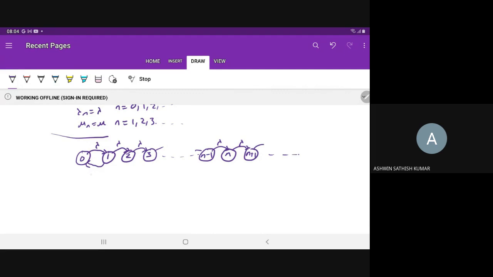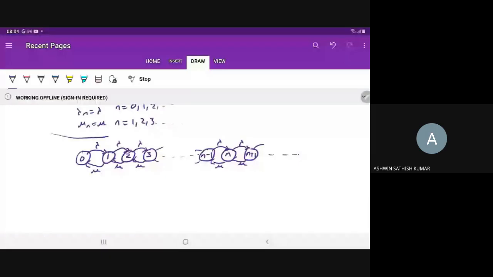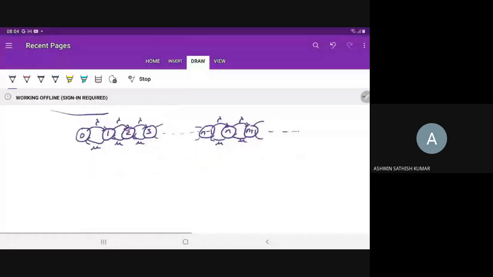Similarly, whatever the number of customers present in the system, all are getting service with the service rate mu. Either you solve it by the birth and death process, or directly write it using the result of the birth and death process.